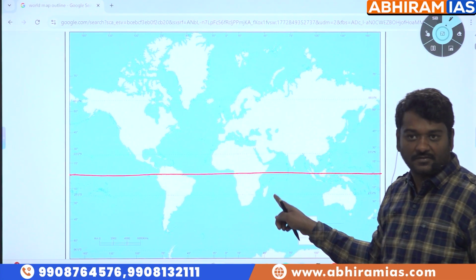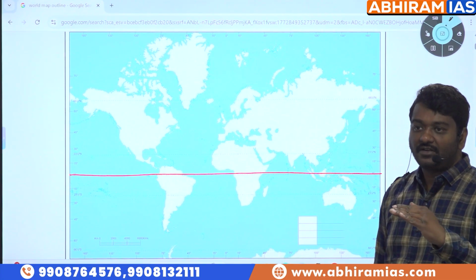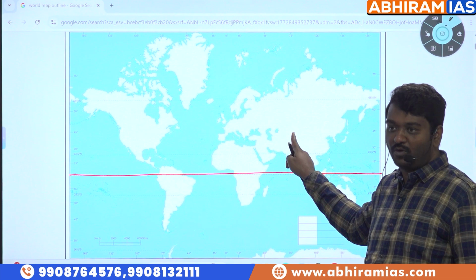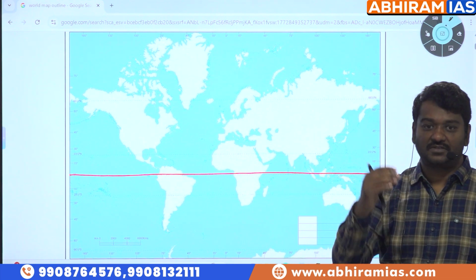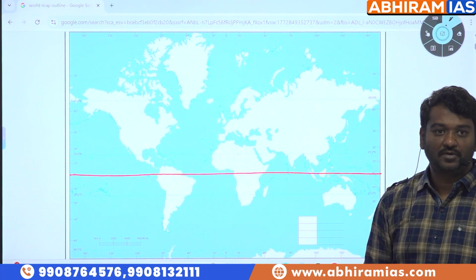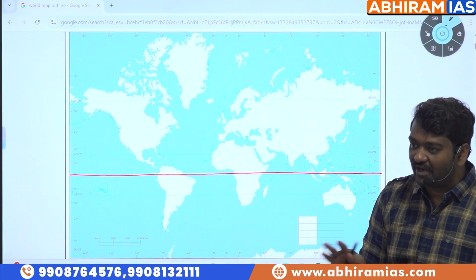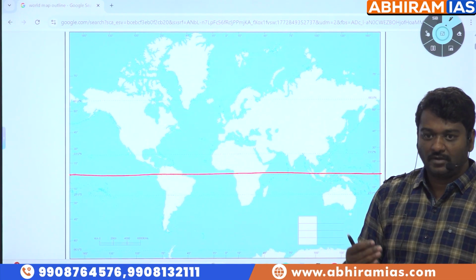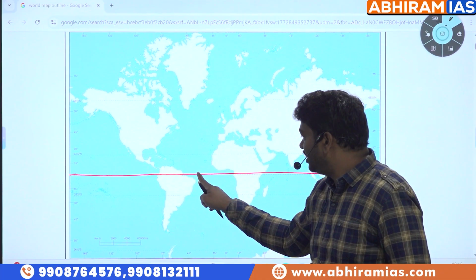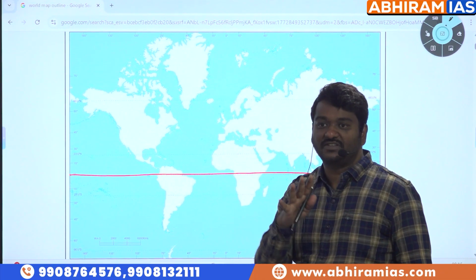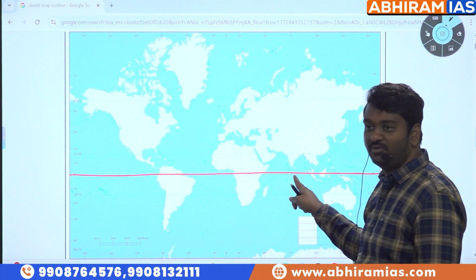Next, you see here, Indian Ocean. Do you recollect, if land is more, ITCZ shifts. Yesterday I told you, if land is more, ITCZ shifts. If land is not there, ITCZ doesn't shift. In the Atlantic Ocean and Pacific Ocean, it doesn't shift. Where does it shift? Indian Ocean.